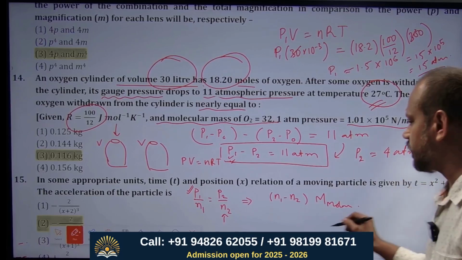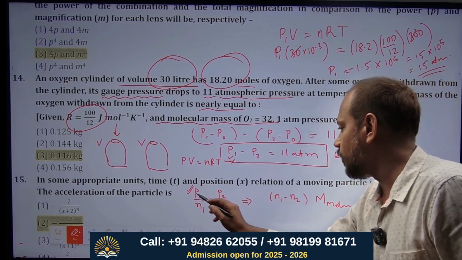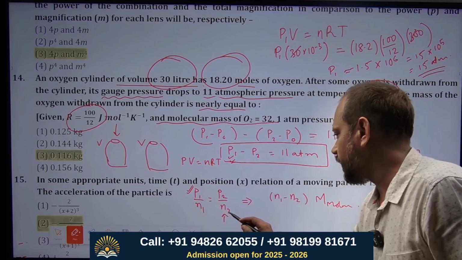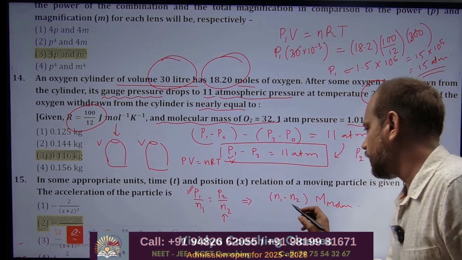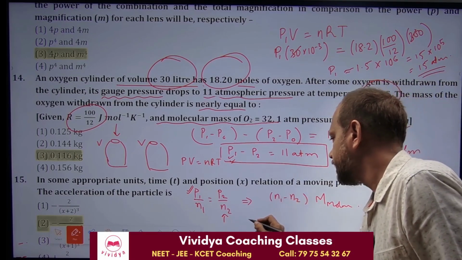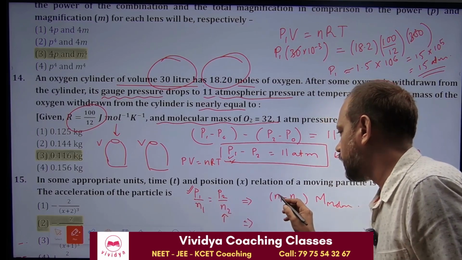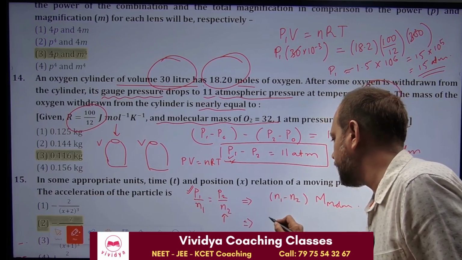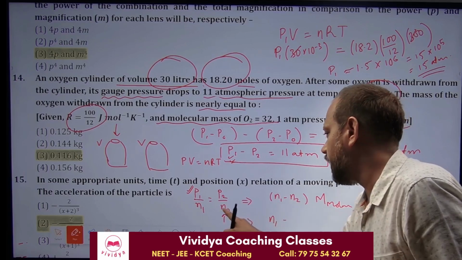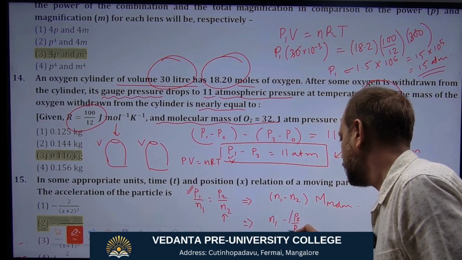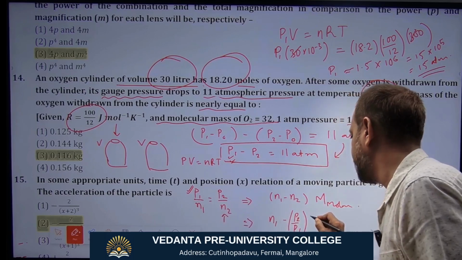Now you come back here. If you know what P1 is, what P2 is, and also you know N1, you can find N2, right? So let us find out what this value will be. Let's substitute from here what N2 is. N1 minus N2 is P2 by P1 multiplied by N1.